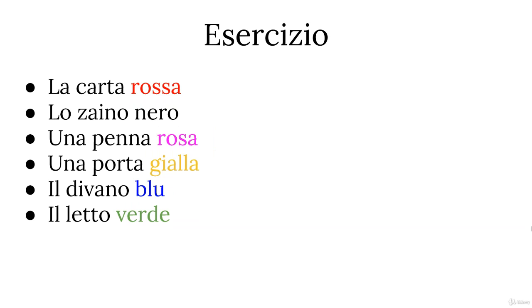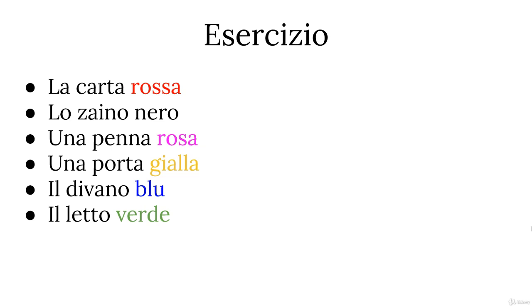So I'm going to read the solutions. For example, la carta rossa. So you use rossa because carta is a feminine word. Lo zaino nero. You choose nero because zaino, the backpack, is a masculine word. Then you have una penna rosa. Rosa never changes.